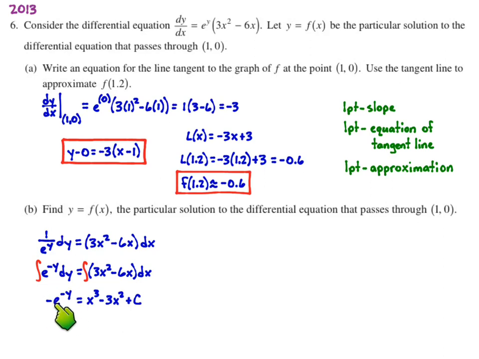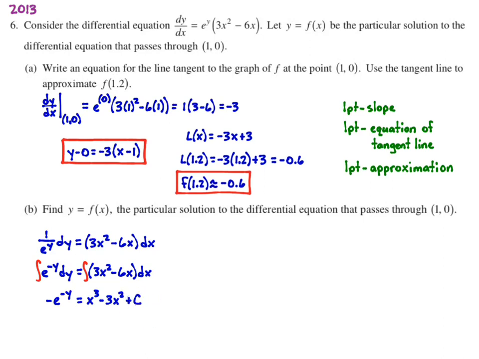And then again, we want to take the derivative of this to make sure that we did it right. And we did do it right, because the derivative is negative e to the negative y times negative 1, which will cancel out that negative. And the antiderivative of the other side is pretty easy. It's just x cubed minus 3x squared. And then don't forget the plus c. If that plus c isn't there, you are missing out on a lot of points.